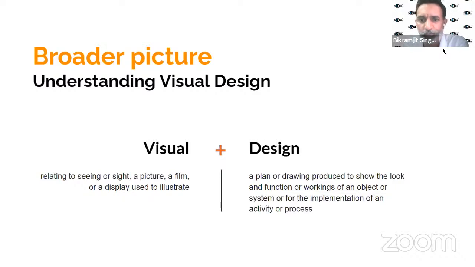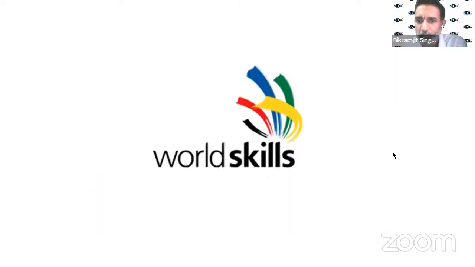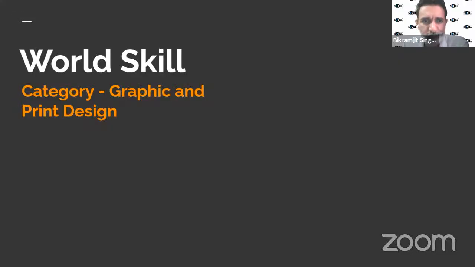Okay, so let us proceed ahead. Of course, I'll be targeting my whole presentation in and around World Skills, but there will be an overview also. So how to approach, let's say, the World Skills category, of course, graphic and print design.